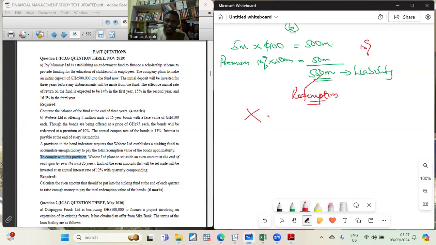So there is an X. And it says that the even amount that will be set aside will be invested at an annual interest rate of 12% with quarterly compounding. So there's an interest of 12%. So you see, in this question, there are about 3 rates. You need to know and understand the meaning or the use of each of the rates.